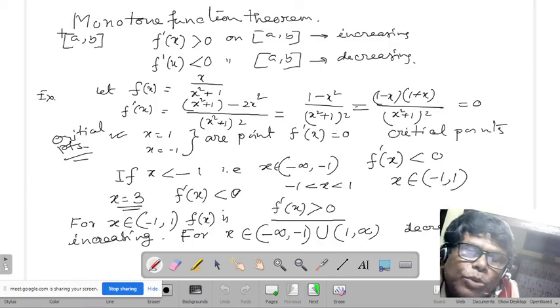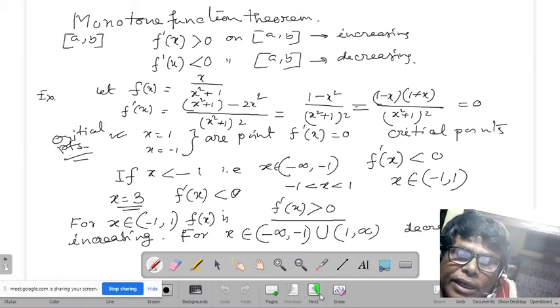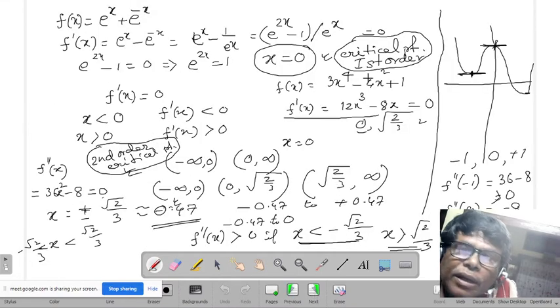I have used the monotone function theorem, then the critical point. First derivative equal to 0 means first order critical point, then the second derivative critical point, that is second order critical point, given with one example, and then the point of inflection.